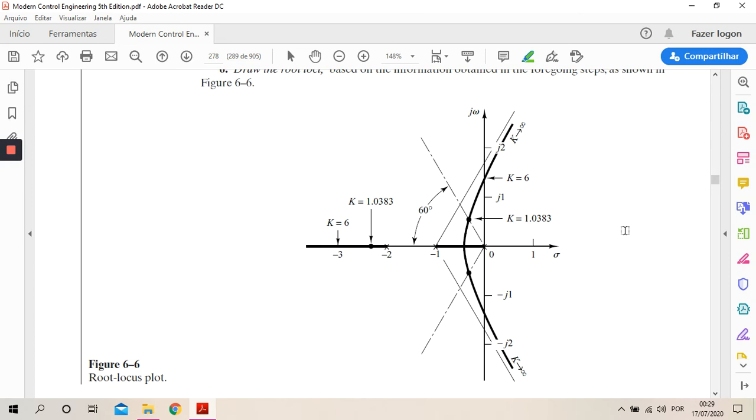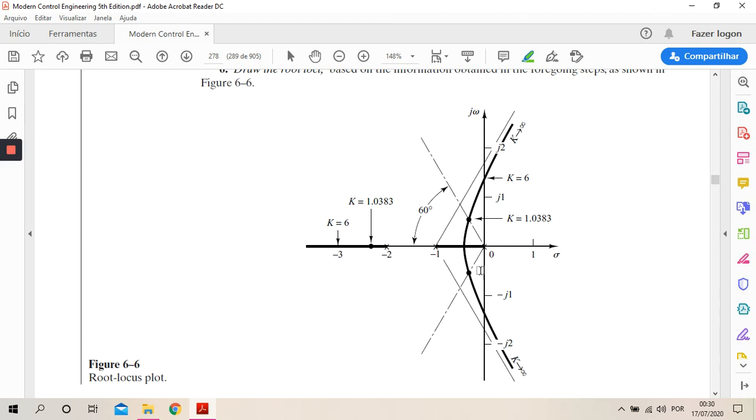Okay, there are many things here that we can see. First of all, see that as we calculated, the root loci along the real axis will be from 0 to -1 and from -2 to -infinity.